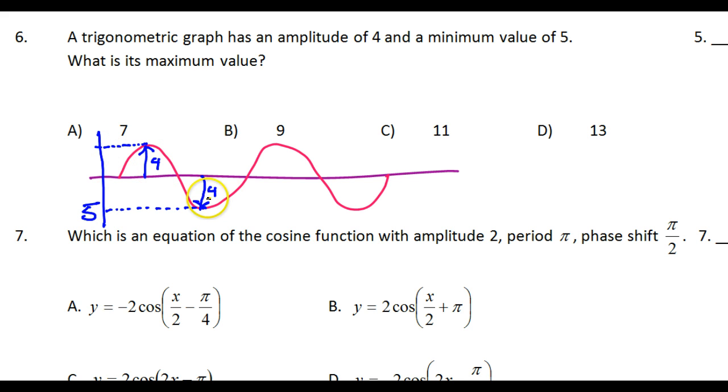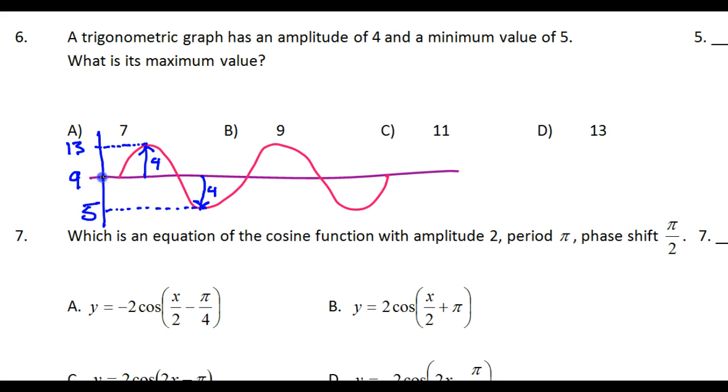But looking at the amplitude, it's going 4 down and 4 up. So if I went 4 higher than 5, this must be 9. If I can drop down 4 lower and get down to 5, this must be 9. And if I go 4 up higher than 9, this must be 13.